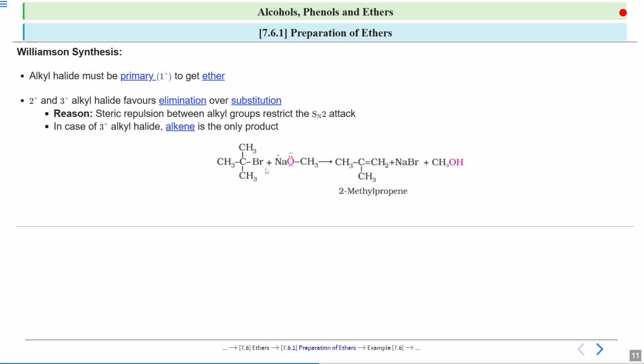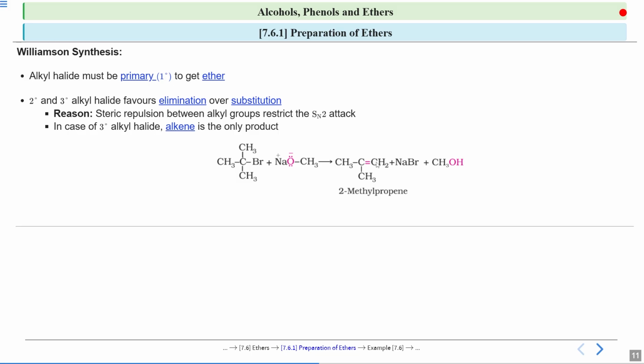So what will happen in this reaction now? This oxygen, which has electron density, will take a hydrogen of any of these methyl groups and this bromine will leave. So what will form? An alkene will be formed. One of these has lost the hydrogen, so there is a carbon double bond CH2.